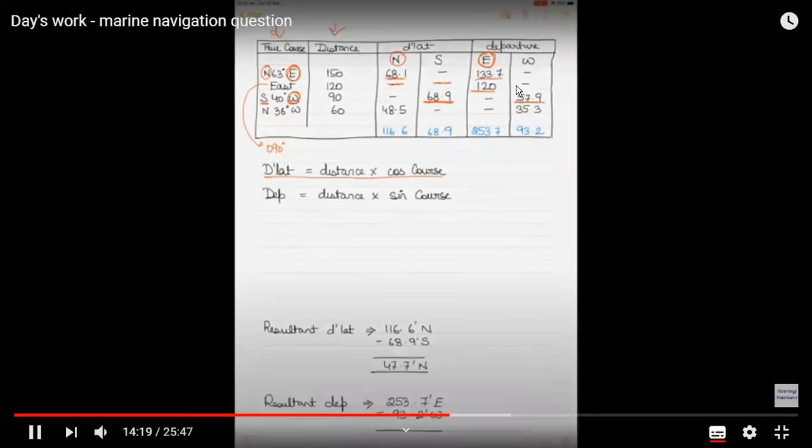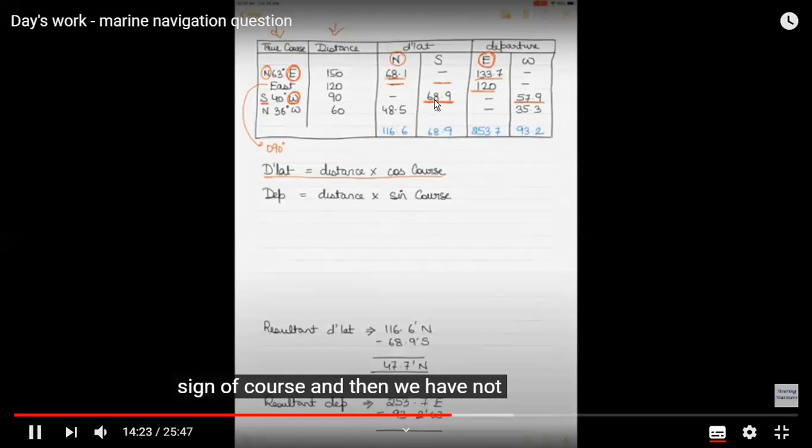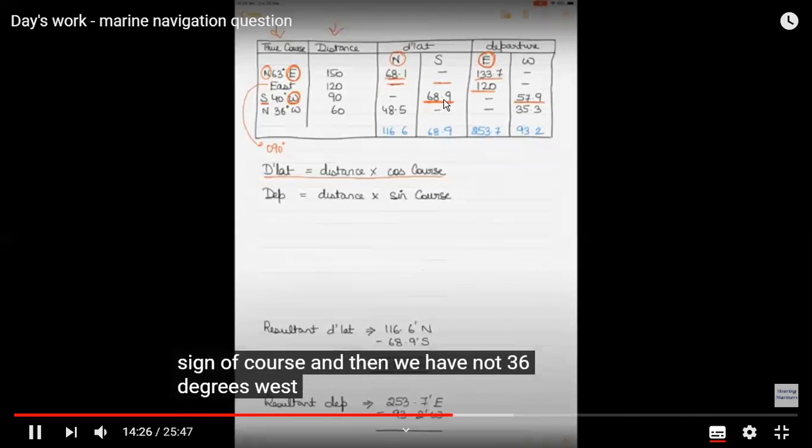This 57.9 is our departure westerly, and 68.9 is our DLAT, the same as the northern DLAT.